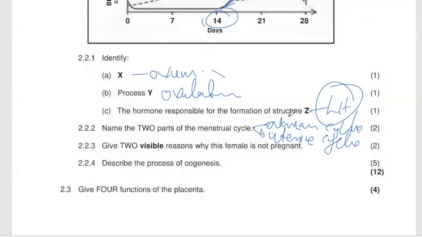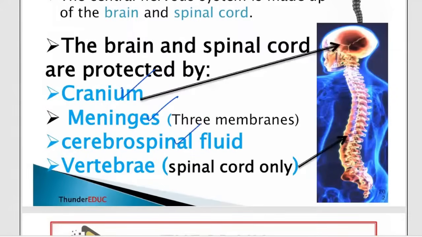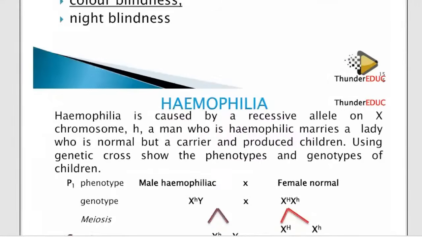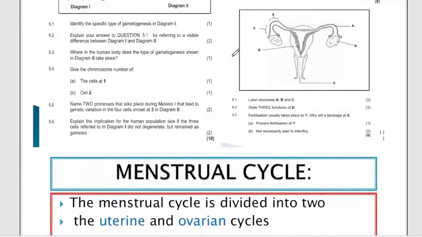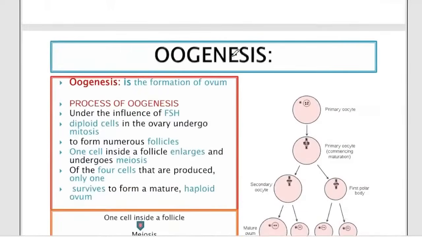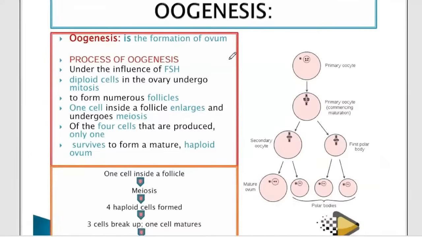Yes, basically you have to explain it the way I explained it in our distinction material book. I don't need to repeat this, but you have to understand that under the influence of FSH, the diploid cell in the ovary will undergo mitosis to form numerous follicles.